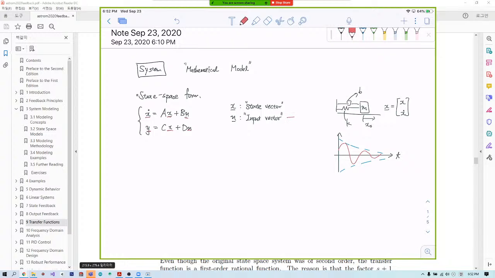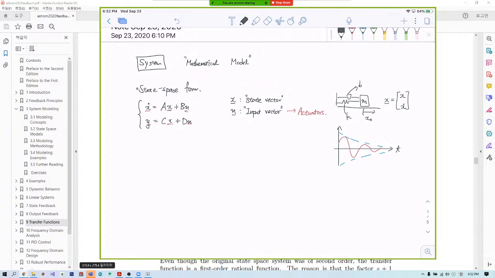So this is directly related to actuators. We want to change the state of any system through actuators such as DC motors or other things. And the effect of those actuators is included as this u input vector.